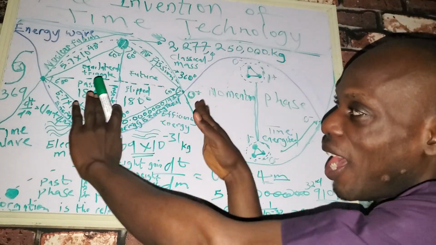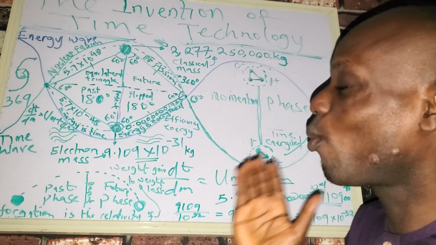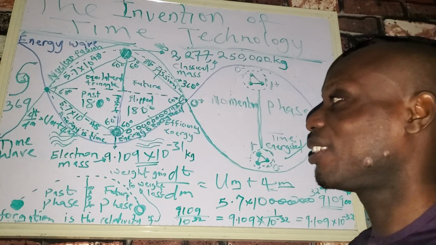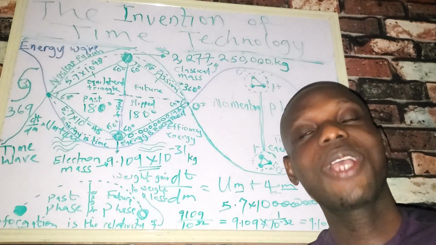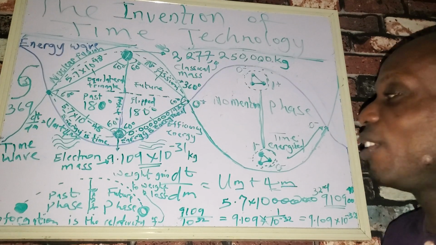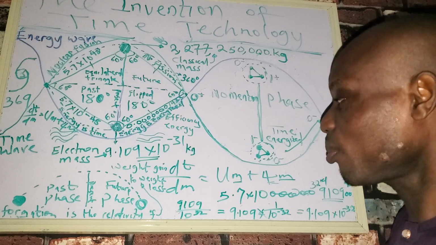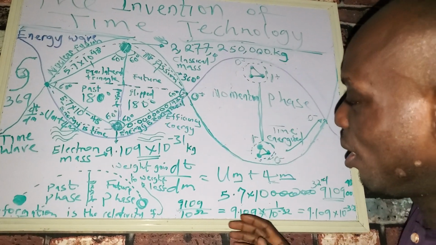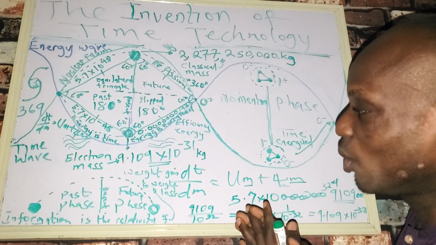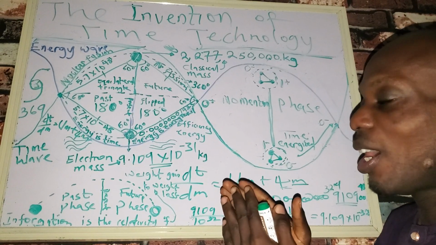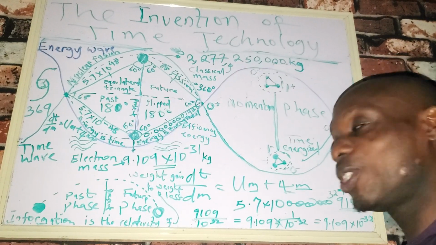Good. Now I want to talk about what is known as information. The way I will define it, information is the relativity of a weight concentrated formation to less weight concentrated formation.